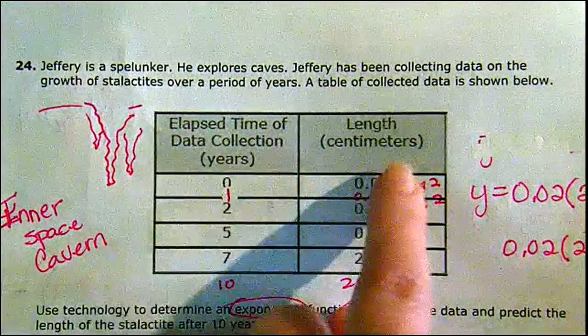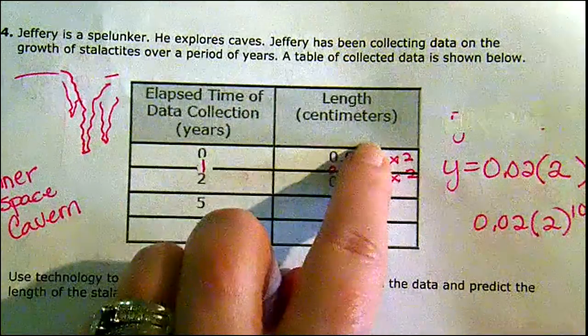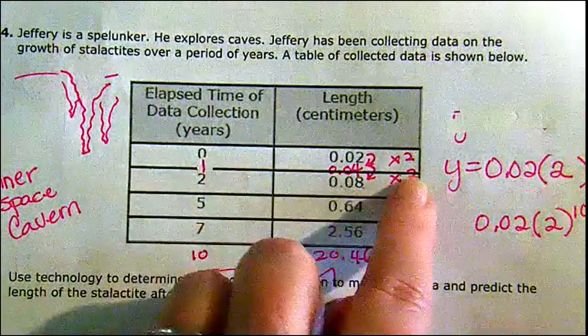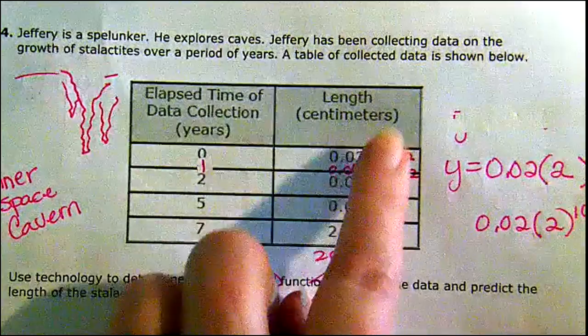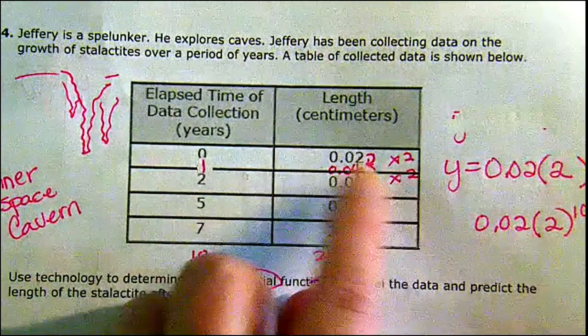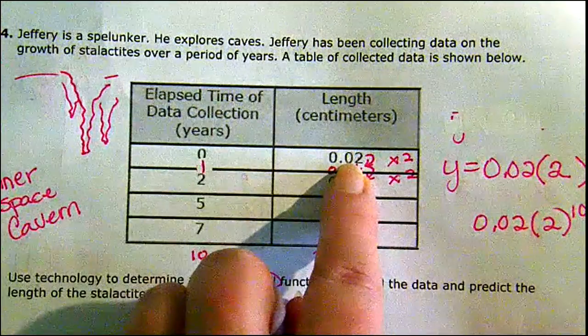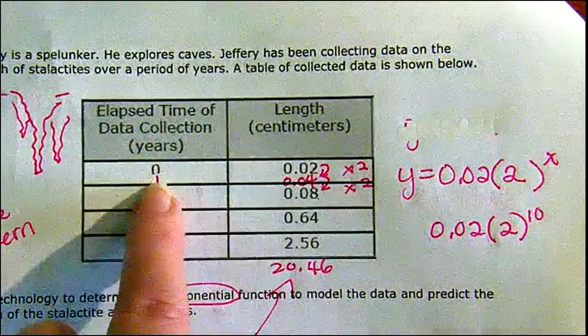And so the trick on this one is that the 1 is missing. So you have to figure out, well, if I go 2 to 8, that's times 4, but I need the in-between number. And so I just did times 2 times 2. Now, whenever you see the 0 here, you know this is your A. So I know it starts at 0.02 because it's across from the 0.